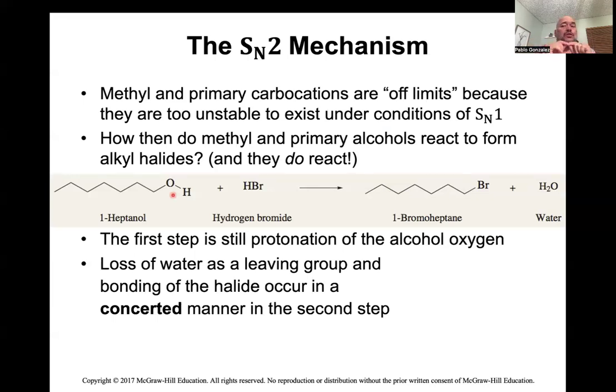In here, because the carbocation that you would produce is so unstable, the leaving group is going to wait until the nucleophile attacks. So that molecule is going to wait for another molecule to attack, and then when it attacks, the leaving group is going to leave, but it never is going to go through the carbocation.